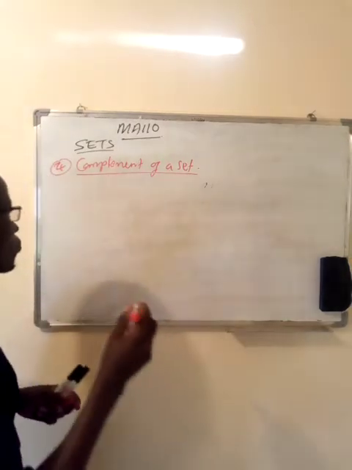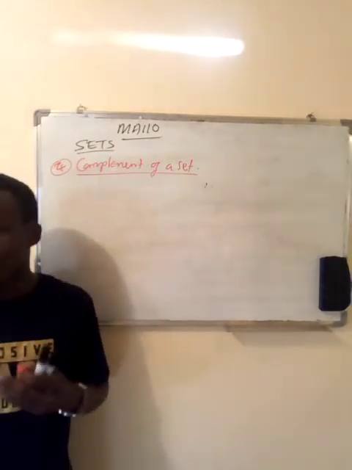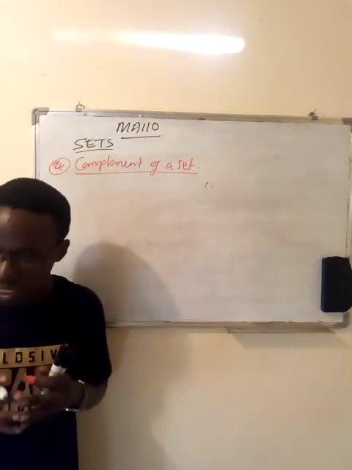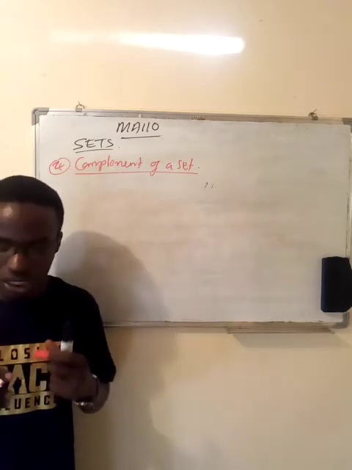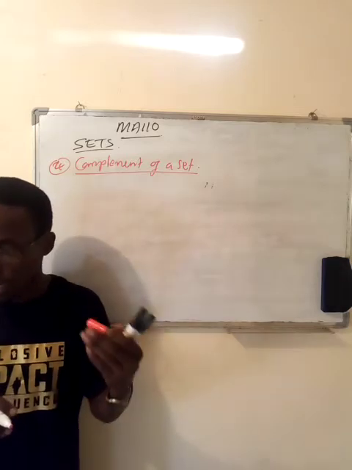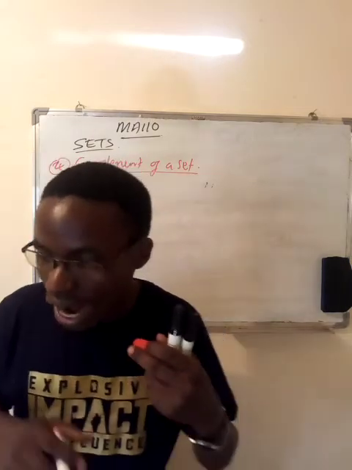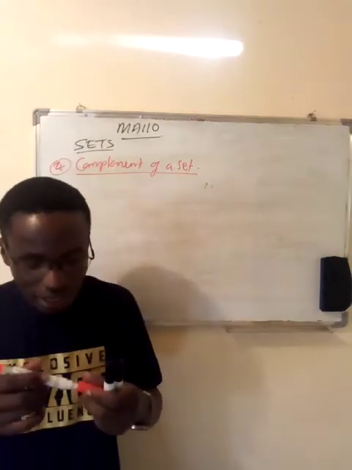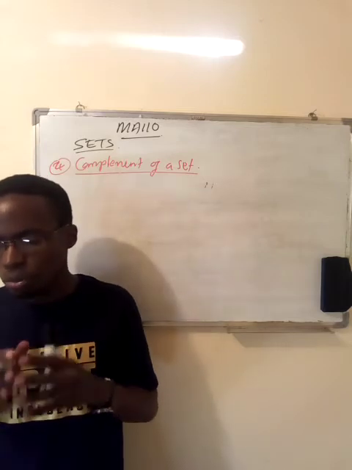Although most of the time what is preferred is this one: we prefer using an apostrophe to denote the complement. Okay, it is defined as what?